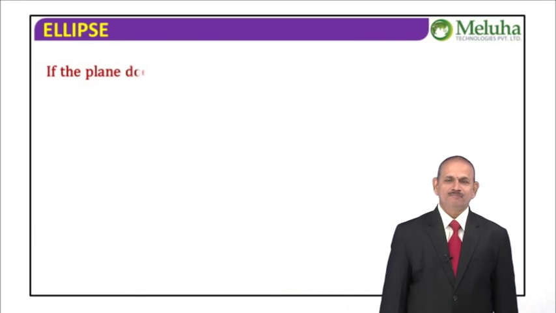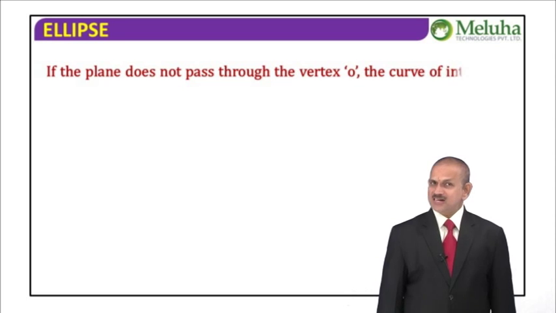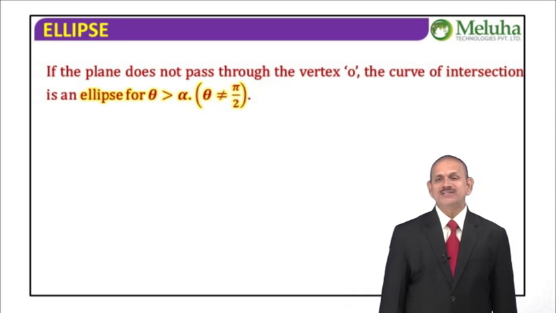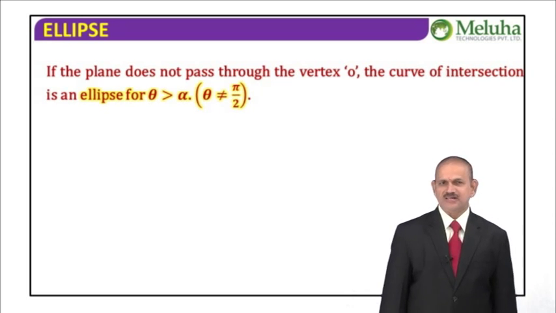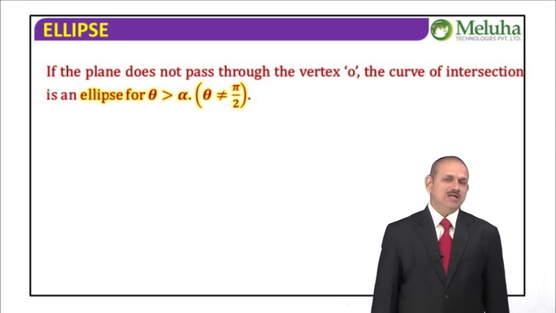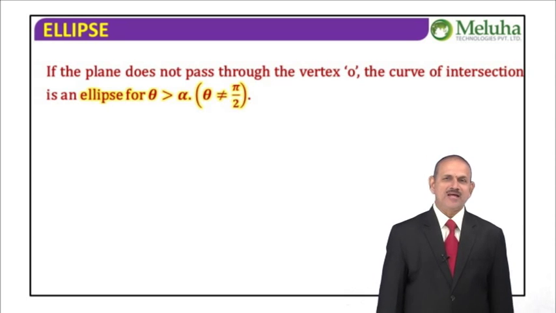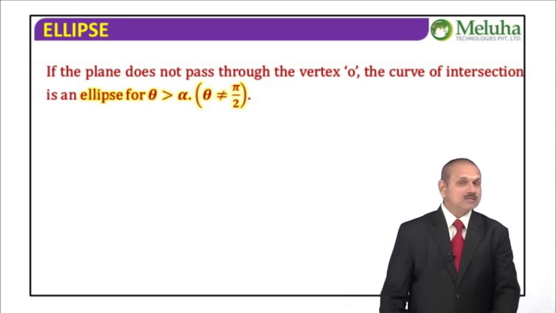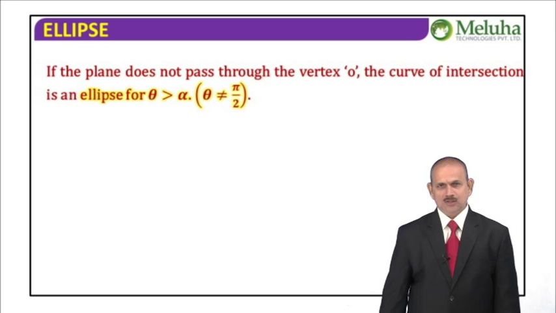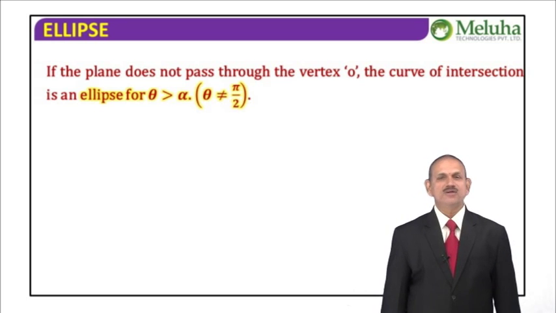Well, if the plane does not pass through the vertex O, then the curve of intersection is an ellipse, of course, with theta greater than alpha. That is, the angle made by the plane with the axis is greater than the semi-vertical angle of the cone. Moreover, theta shouldn't be pi by 2.